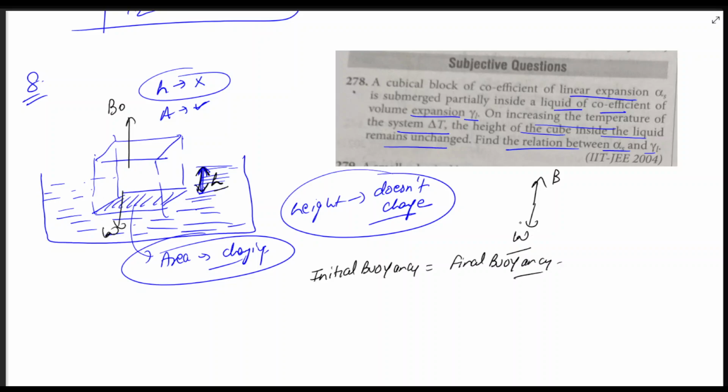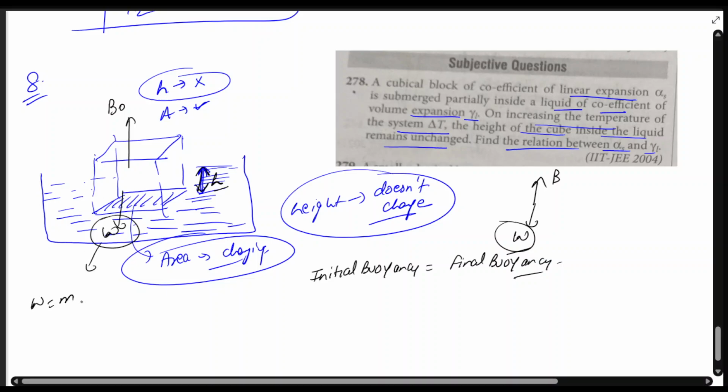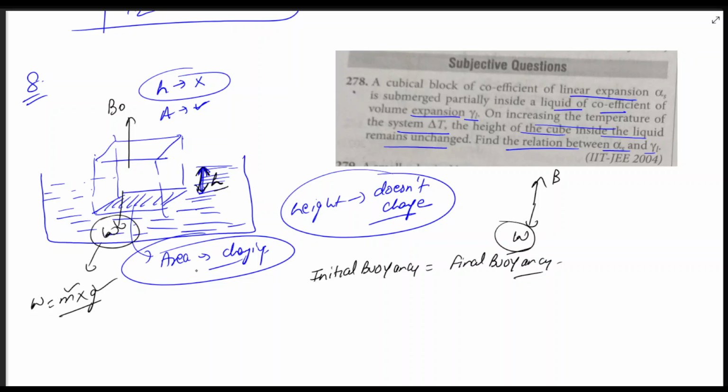Are you getting me? Because the weight is not changing. Weight of the object is the same. What is the weight of the object? Mass into g. Even though the object is expanding, the mass does not change, and g does not change.